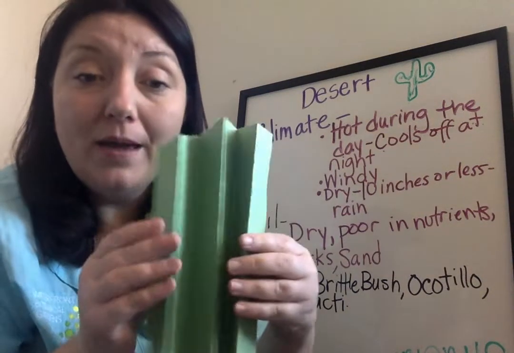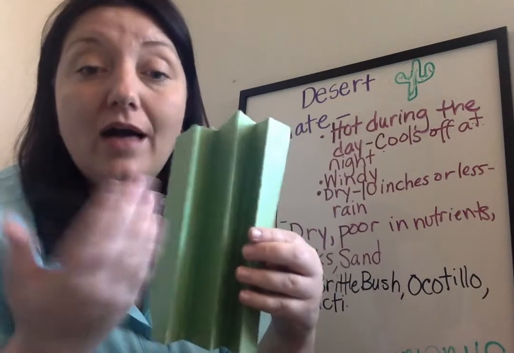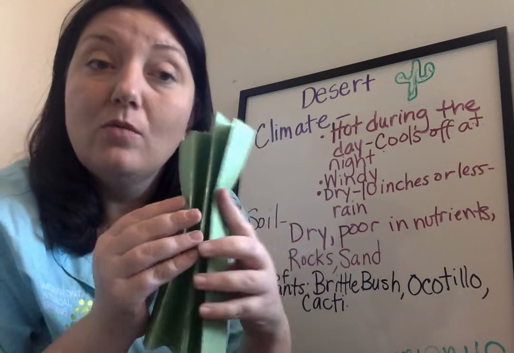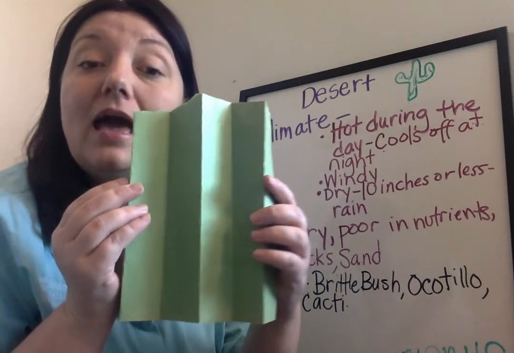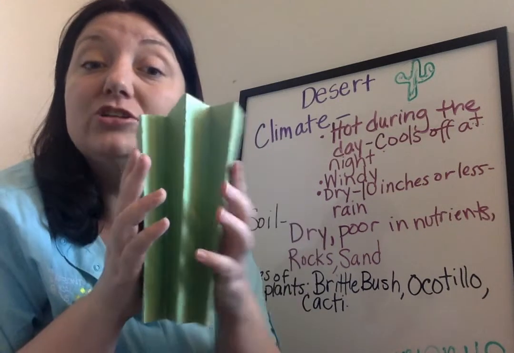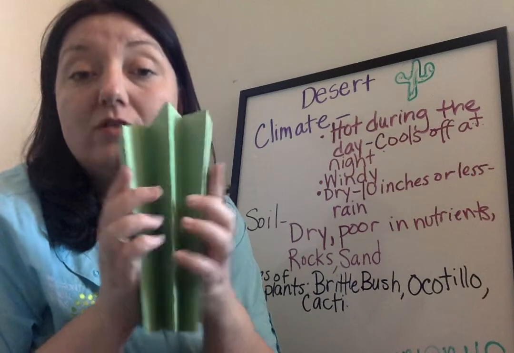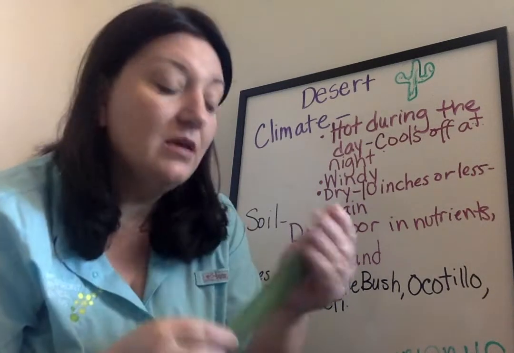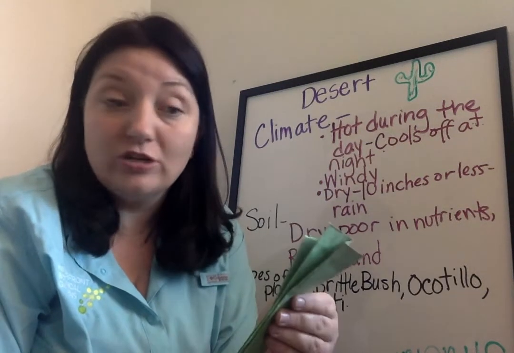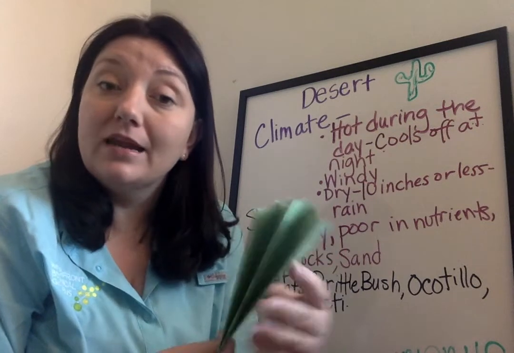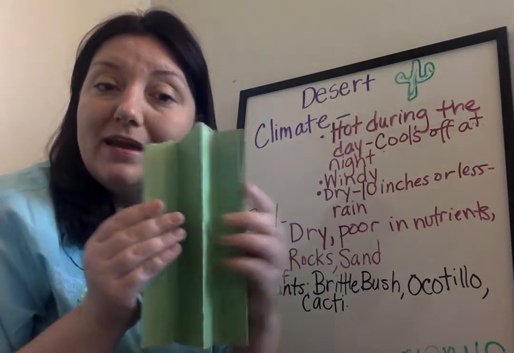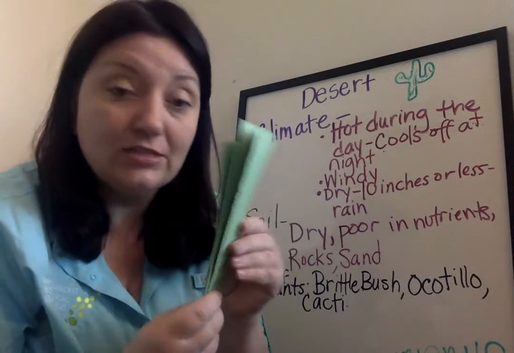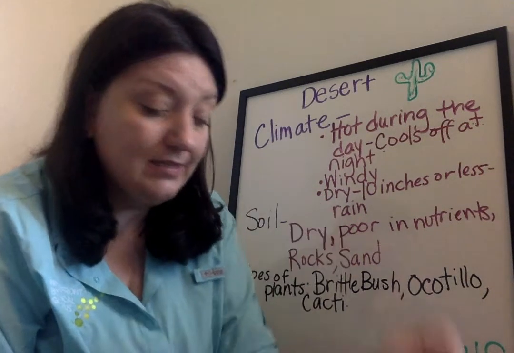And the organ pipe cactus and the saguaro cactus as well have these sort of folds in them, which allows them to expand and open as they fill up with water, and then contract as they utilize the water. So to expand and contract. So that's one structure that a cactus might have. It has the ability to store water and expand and contract as it's utilizing that water for photosynthesis.